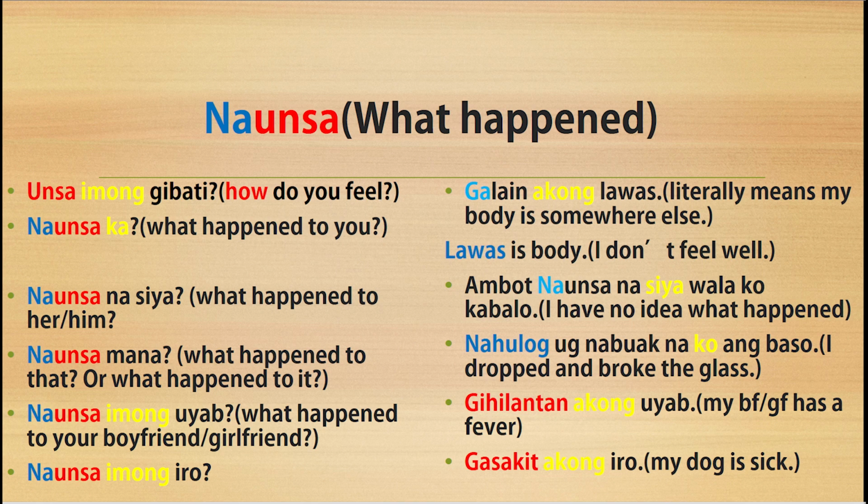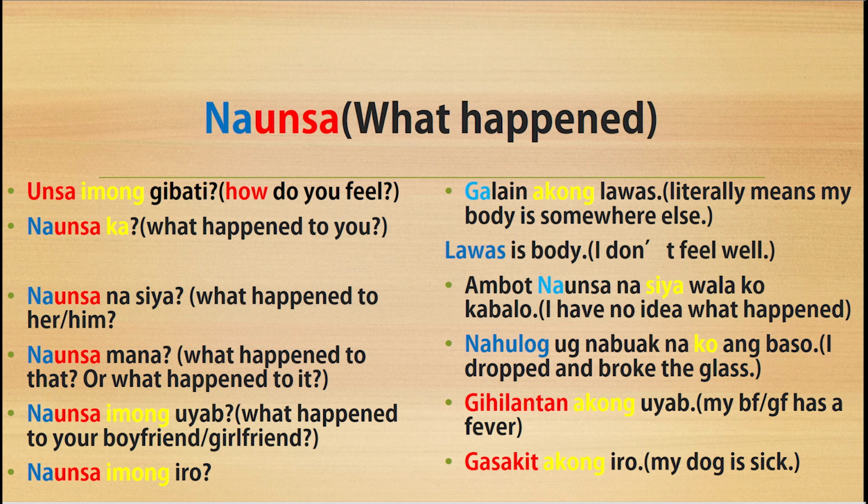Naunsa is where we use the na prefix added to unsa. What it means is what happened. This is past, right? Naunsa. Unsa imong gibati? How do you feel? This is the question without the na, without adding the na before the unsa.